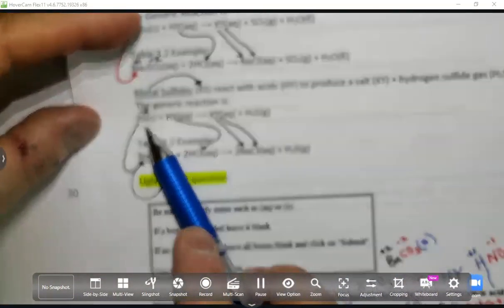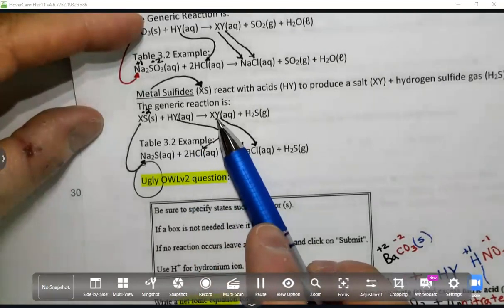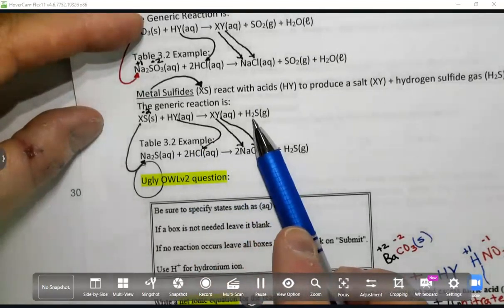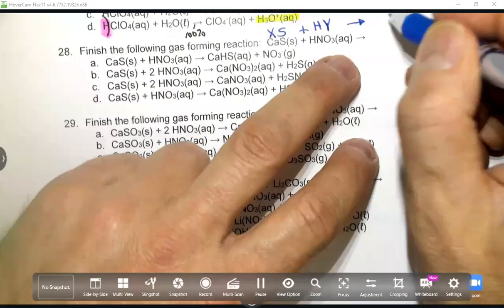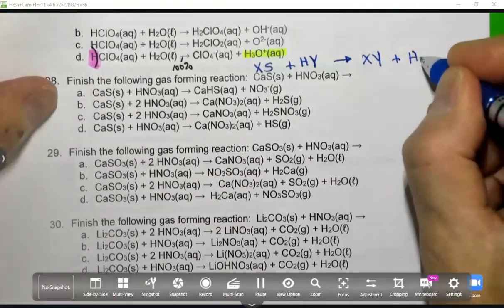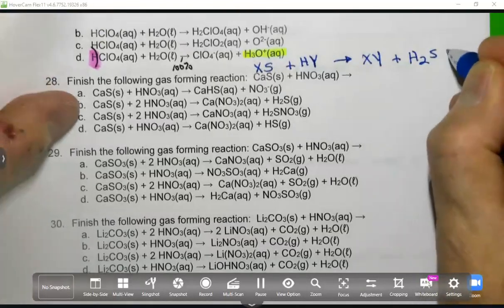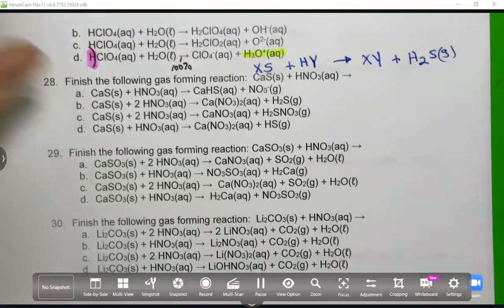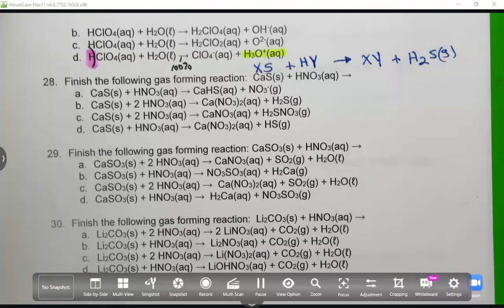It's an XS plus an HY. We're going to get XY plus H2S gas. Well, right away, there's only one that's going to work. There's only one correct product.